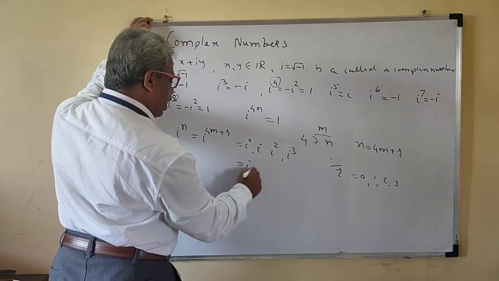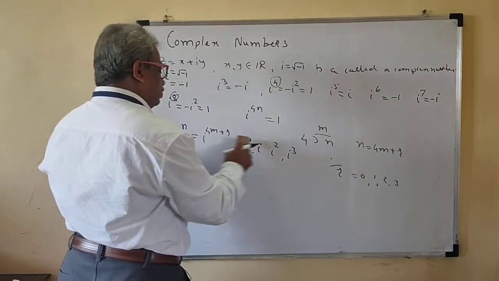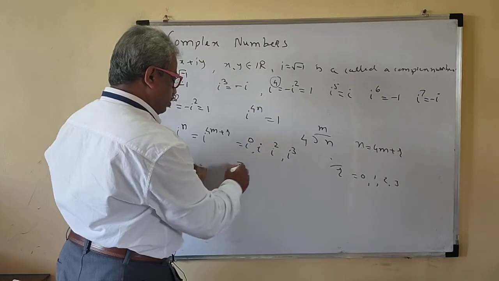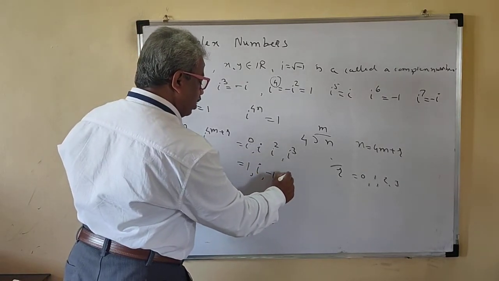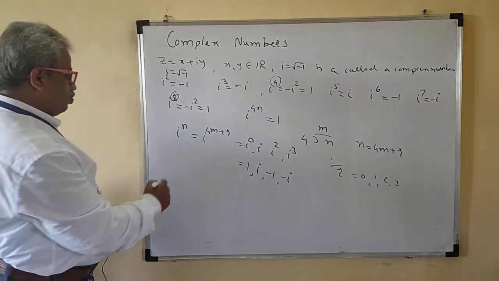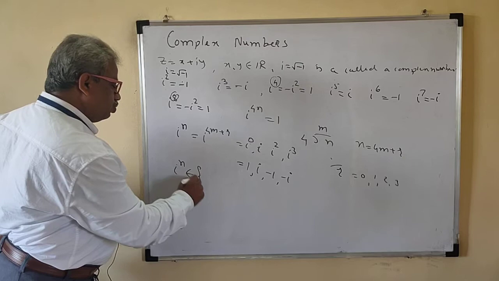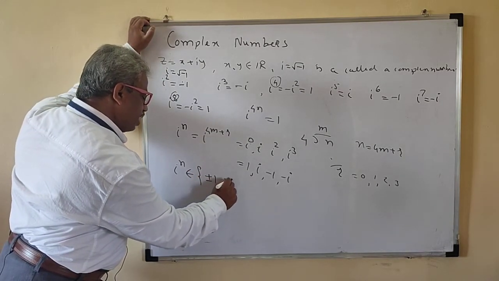So i to the power 0 is 1. Then i is i, i square is minus 1, and i cube is minus i. That means i to the power n belongs to plus or minus 1, plus or minus i.